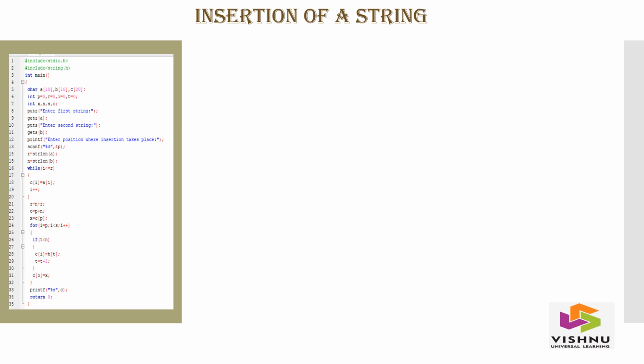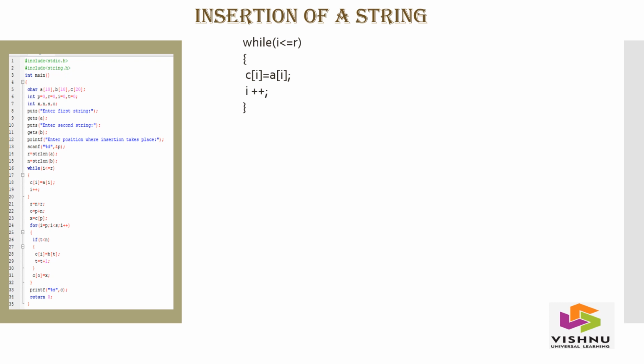Now let us consider a space string C which is used to store the main string. To copy the main string to the string C, we have to write a while loop. Here we have written the condition I less than or equal to R, where R is the string length of A. Here, entering into the loop, we have written that C of I equal to A of I and I++.